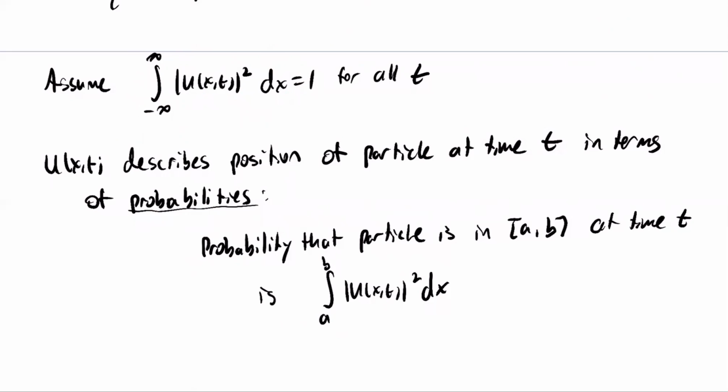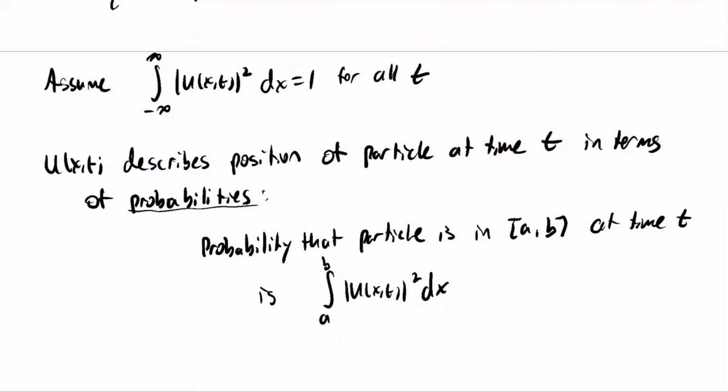With this understood, the probability that the particle is in a certain interval is given by the integral over that interval of the solution squared. If you're familiar with probability theory, what we're really saying is that the solution squared is a probability density function, which describes the odds of the particle being in a certain place.